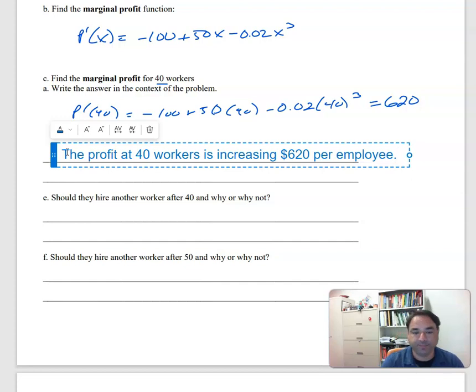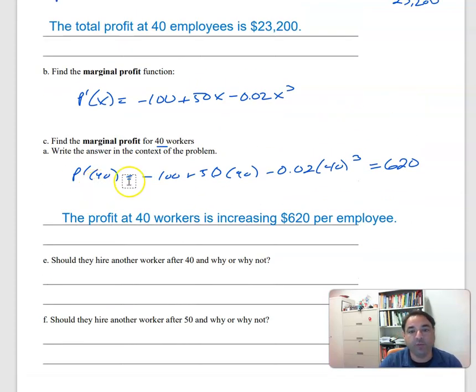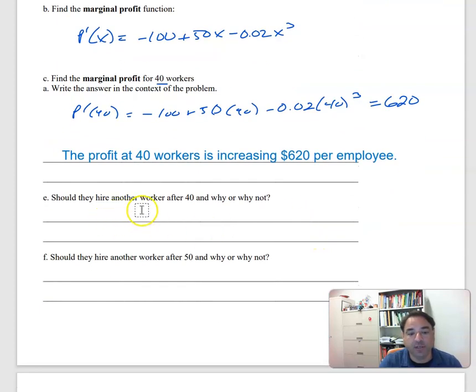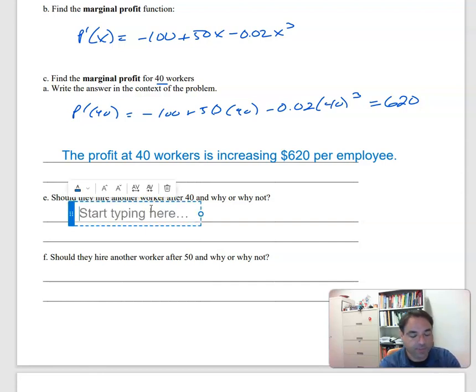So what does it say? It's saying right now at 40 workers, we have a profit of 23,200. If you get one more worker, you're going to get an additional $620 in profit. So should they hire another worker after 40? The answer is yes, we should definitely hire. Why? Because we're going to have more profit. Profit is positive, increasing 620.